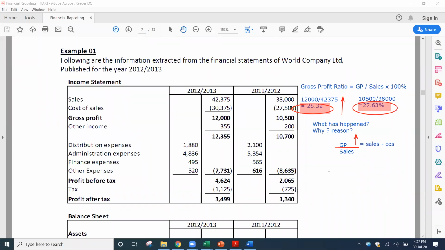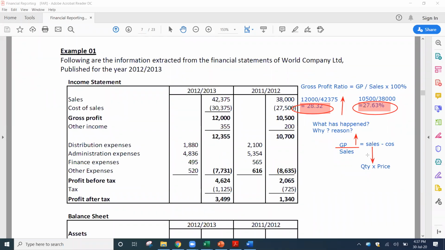Then you need to see how the sales is calculated. Sales is calculated quantity into price. So how does the sales increase? You need to go in depth with the factors that affect the variable.